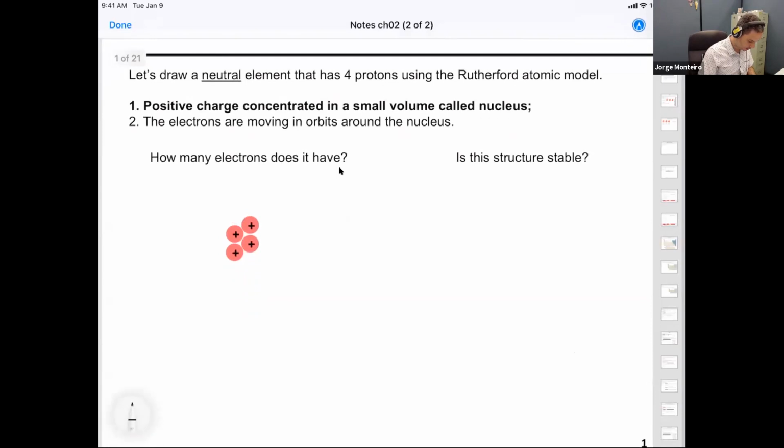If we are talking about a neutral element, that means the number of positive charges is equal to the number of negative charges.